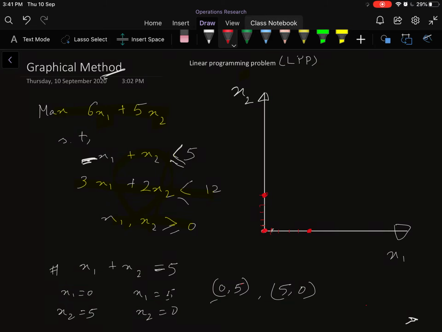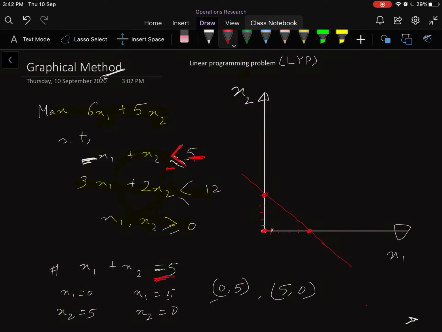Now we have these two points which satisfy this particular constraint. So what we would do is draw a straight line through these two points. Once we have drawn this straight line, this equal to condition is the extreme condition for this particular constraint, but other than that, most of the values would be such that the less than part is there.